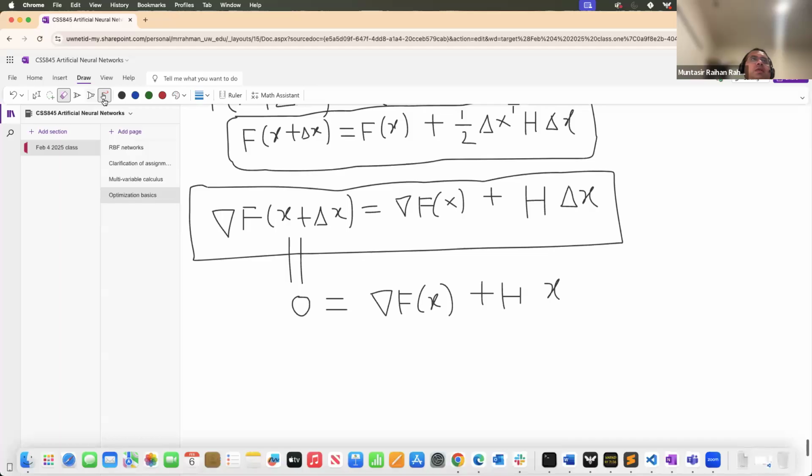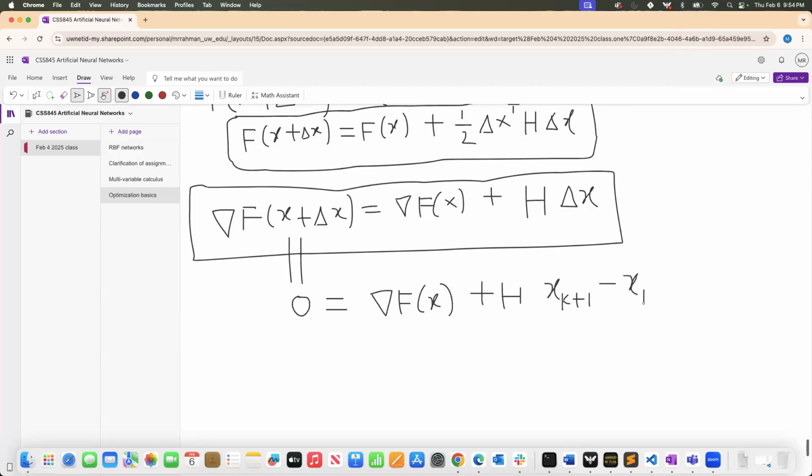I'm trying to derive an iterative algorithm, so this is the k plus first value of x minus what? Which x should it be? x k. x k, very good.